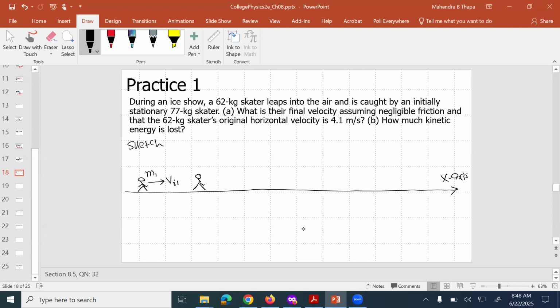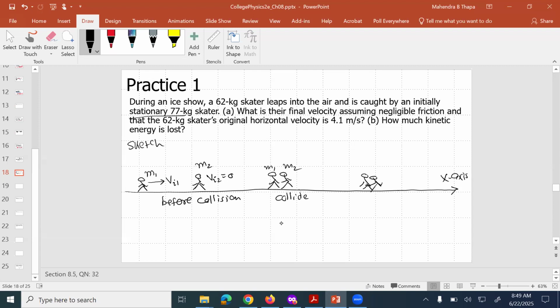The second scatter, mass m2, v initial 2, is at rest, so certainly 0, initially stationary. Okay, so this is before collision. At some point, M1 and M2 collide. So this is the collide condition. After that, according to the question, they move together.